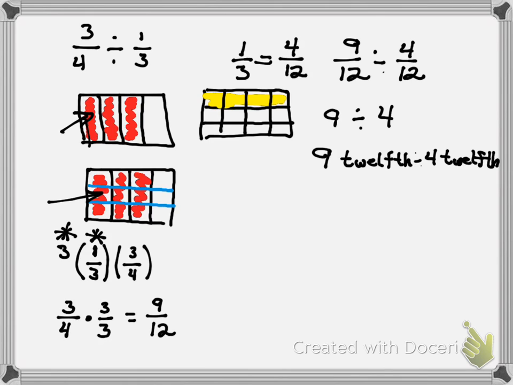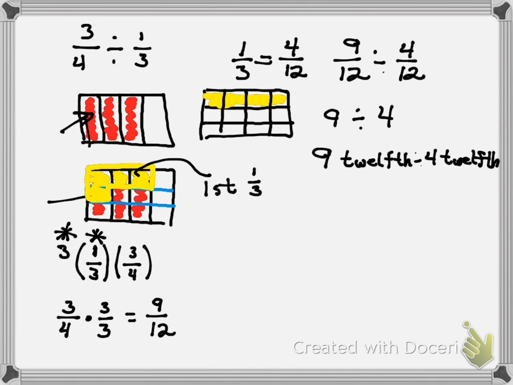So, we do a little shading. I'm going to go back to my yellow here. I'm going to fill that in. There's 1, 2, 3, 4. There is my first 4/12. That's my first 1/3.